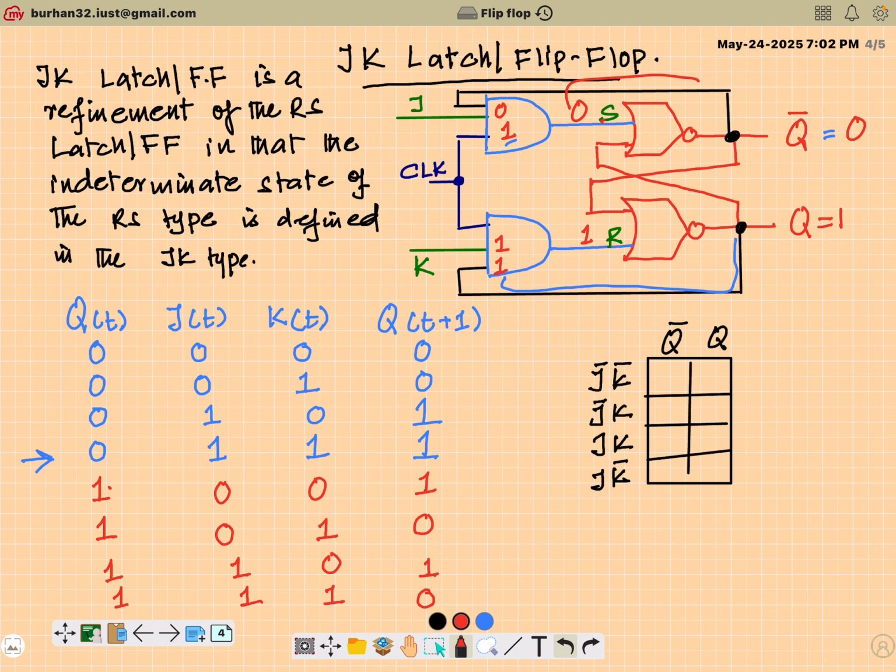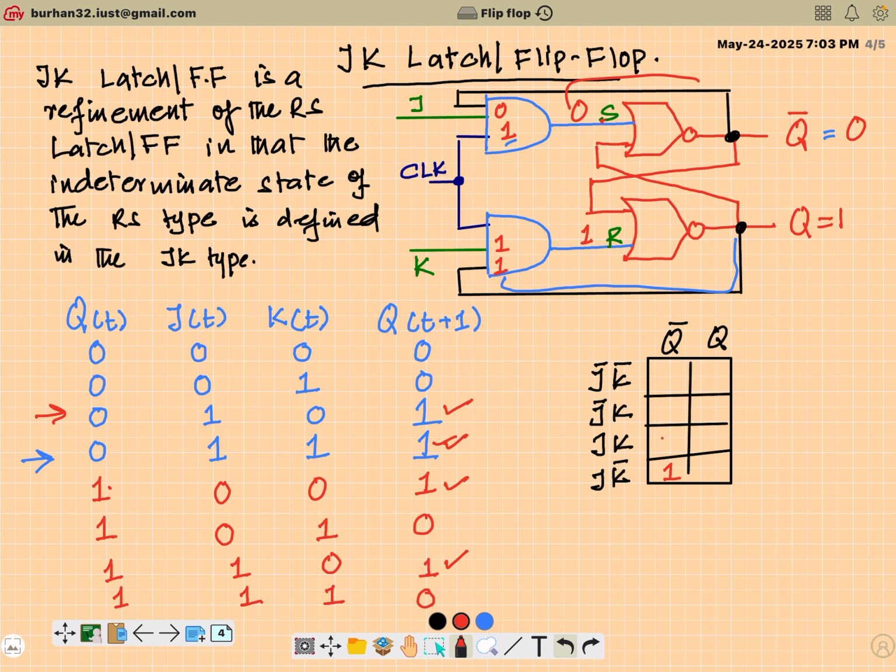So we have the ones: this is 1, this is 1, this is 1, this is 1. Now this corresponds to J K complement Q complement, so I'll have 1 here. This one corresponds to J K Q complement.